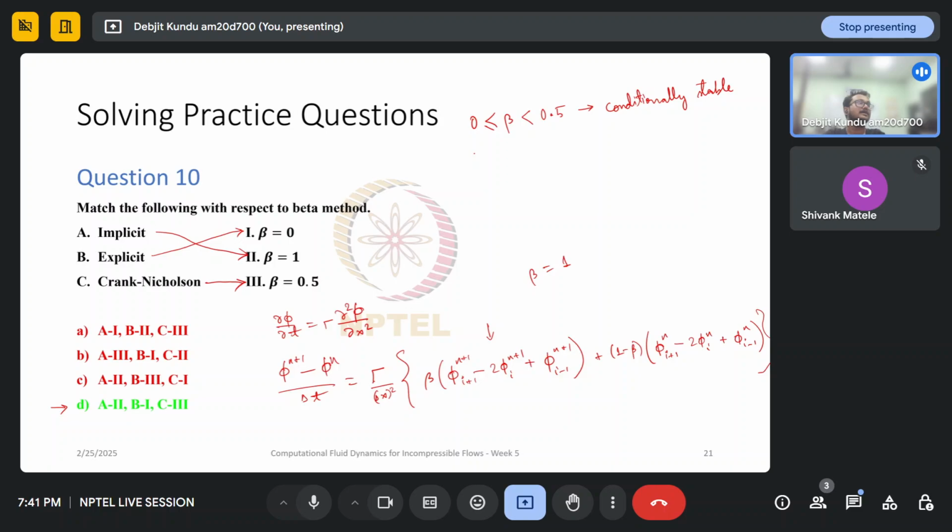And as beta becomes equal to or greater than 0.5, it becomes unconditionally stable, similar to what an implicit method would be. So it's the value of beta which determines the stability condition of these equations.